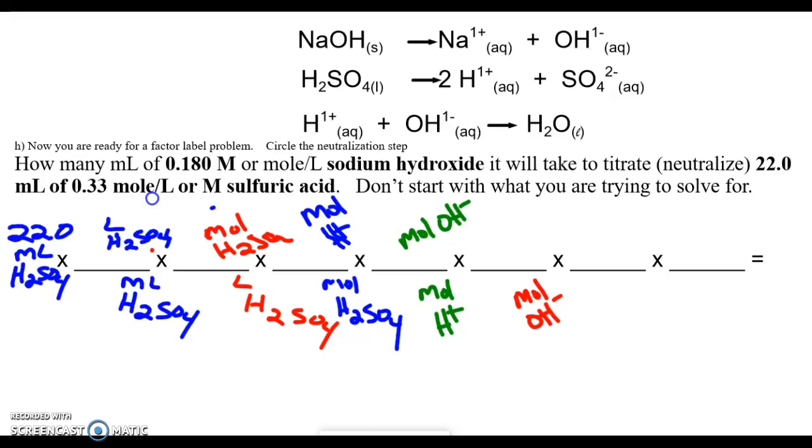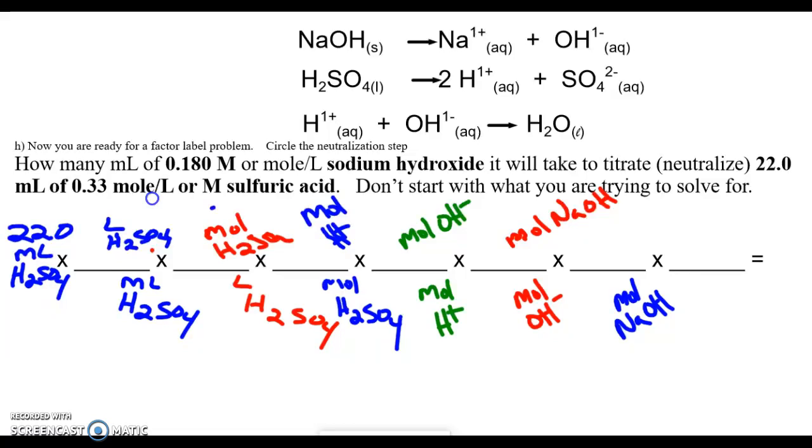From that island, the only place I can go to is to moles of base. So the base I have in this problem is sodium hydroxide, NaOH. Whatever is on top must go on the bottom of the next step. So moles of NaOH go on the bottom.